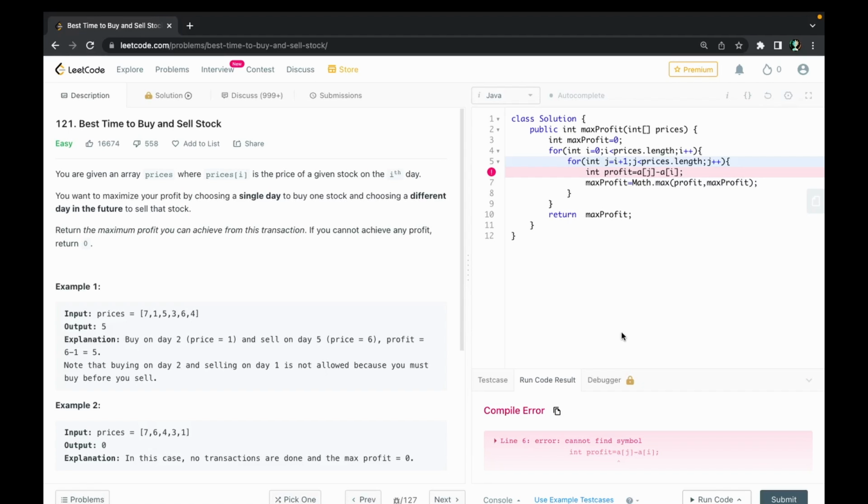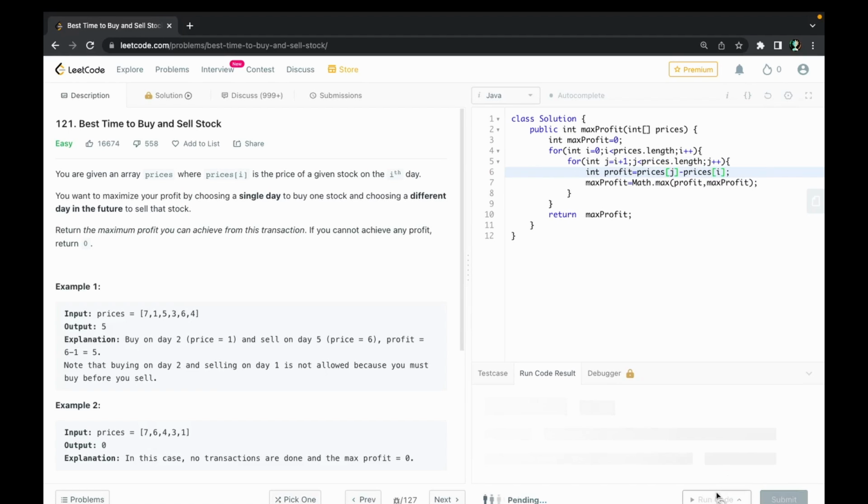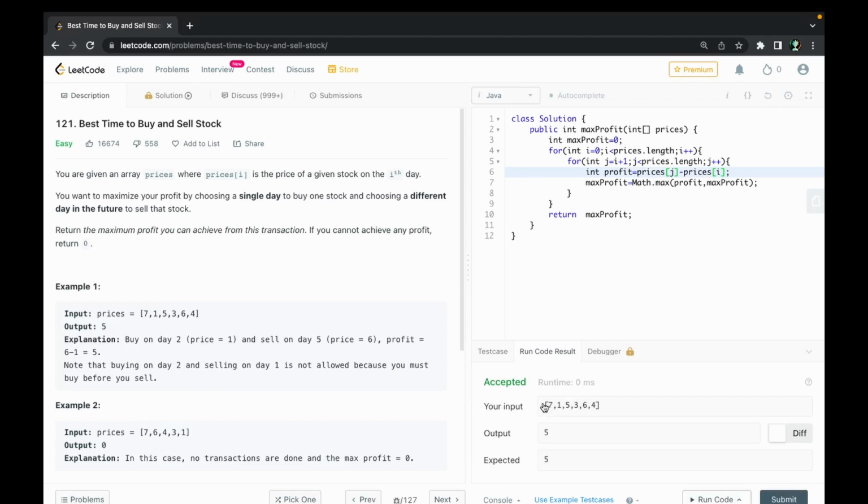It says it is not able to find a[j] minus a[i]. Yeah, we should not take a, instead we should take prices, because prices was the original array. Yeah, we see that we are getting the right answer now. For an array of prices 7 1 5 3 6 4, we are getting the profit of 5.